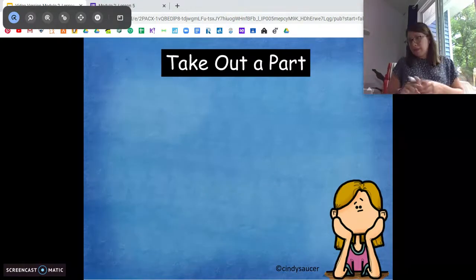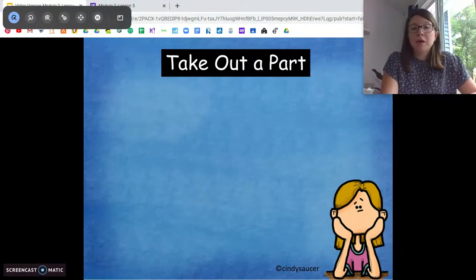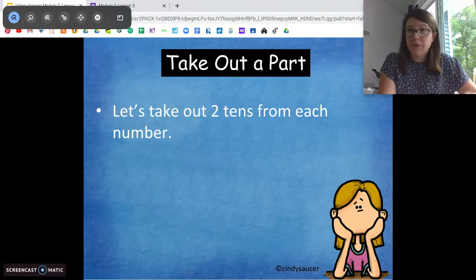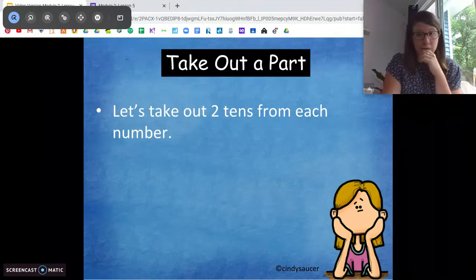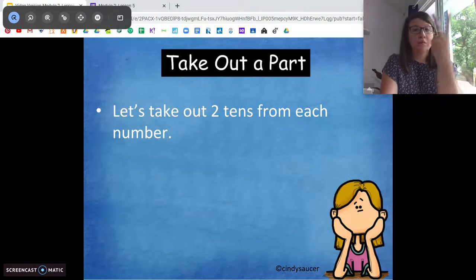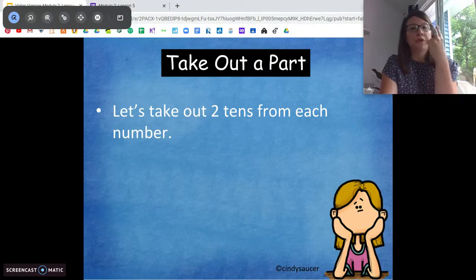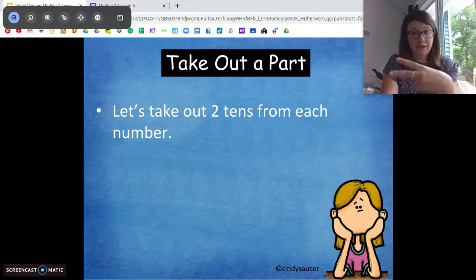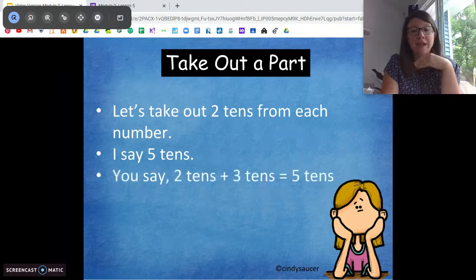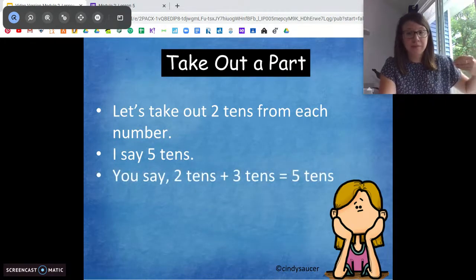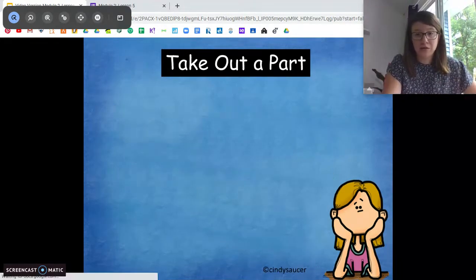I'm going to do something a little bit different. I'm going to give you a number, and I want you to take 2 tens away from that number. Okay? So if I give you a number, you're subtracting 2 tens. Think about the facts you know with your subtracting 2 facts. That'll help you with this, okay? So if I say 5 tens, you take 2 tens away, and you get 3 tens.